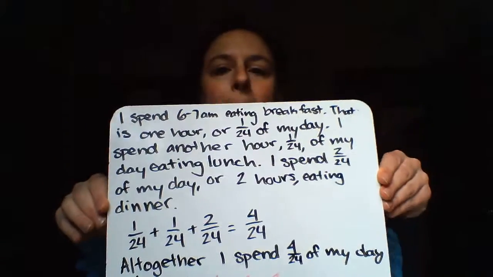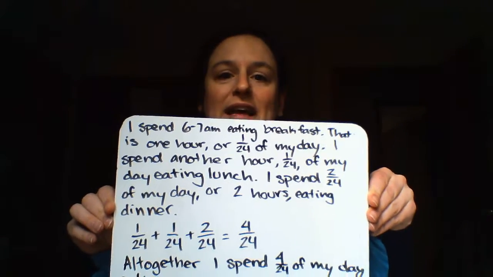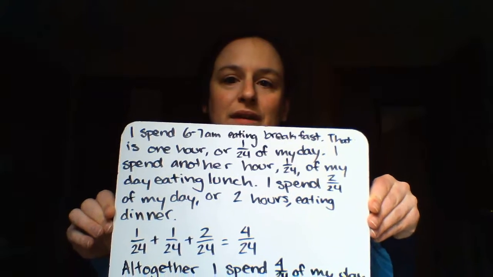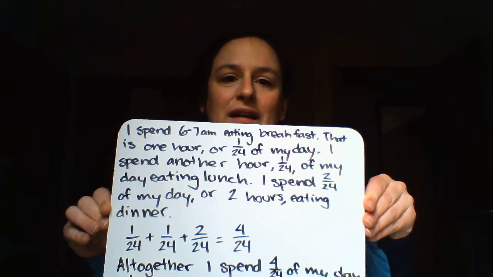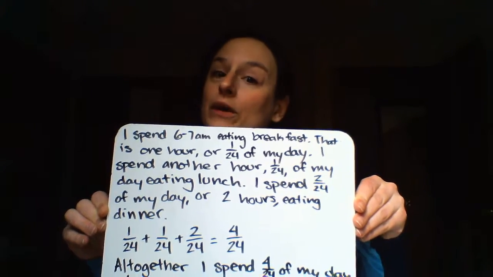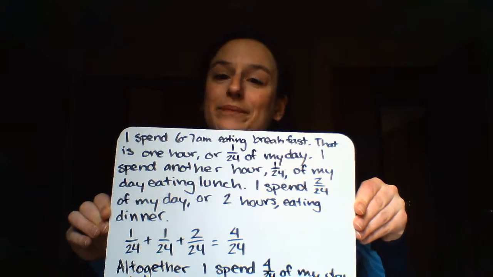Well, I added my fractions. Let me show you how that works. So I spend 6 through 7 a.m. eating breakfast. That is 1 hour or 1/24th of my day.